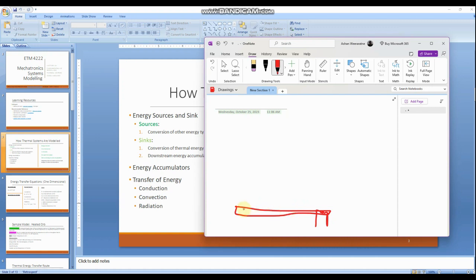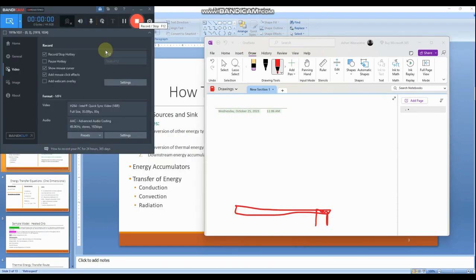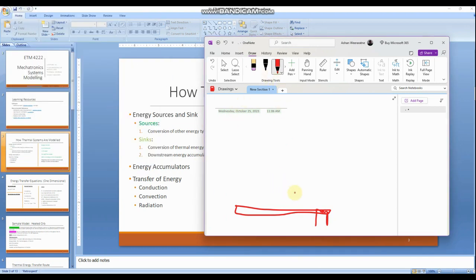Now, once the heated plate is heated to a temperature, theoretically, a slight increase beyond the ambient temperature is fine as well. But let's say we heated it beyond to a certain amount. So that was conduction.